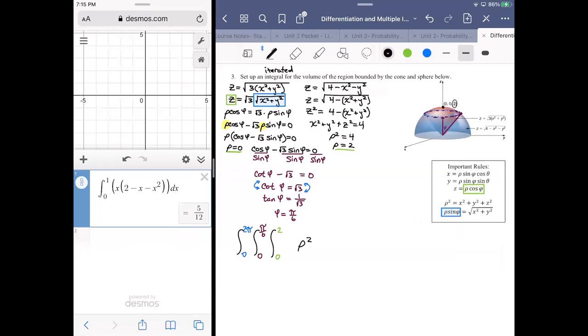Rho squared sine of phi for our unit sphere to build up, based off those unit spheres, all the space restricted by those bounds, d rho, d phi, d theta. There's no other variable, no fourth variable involved.